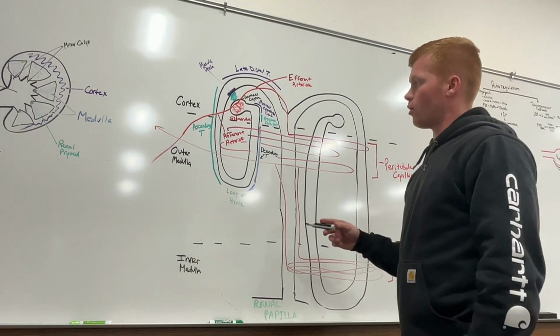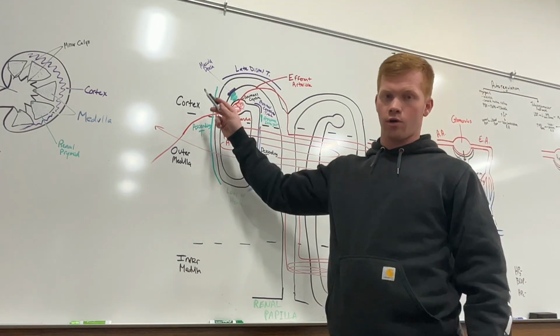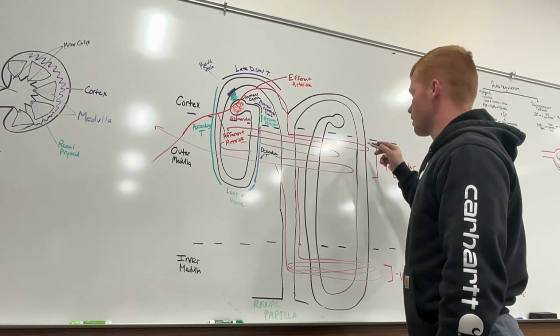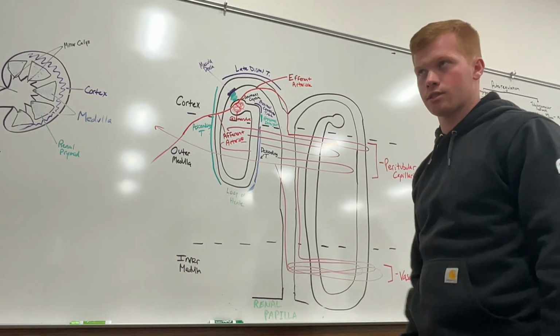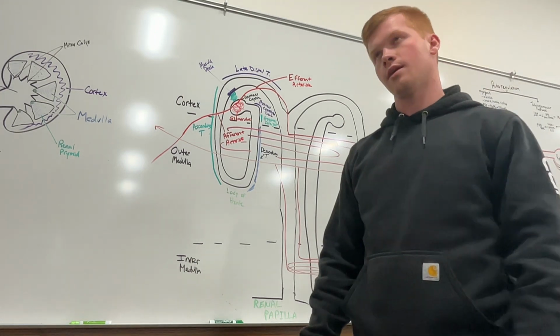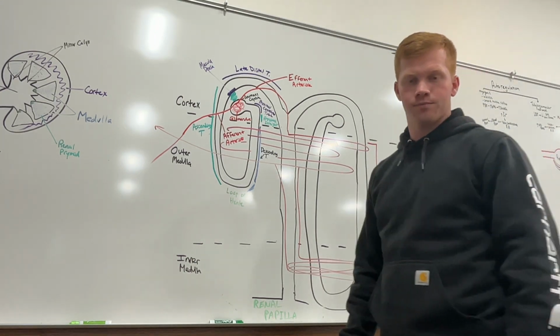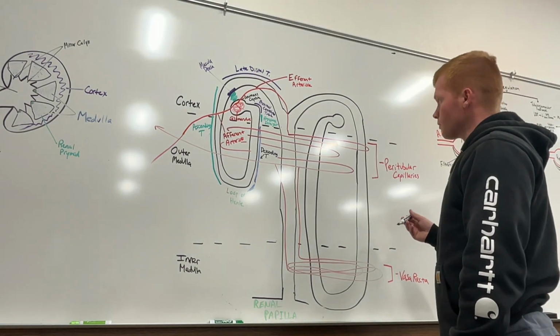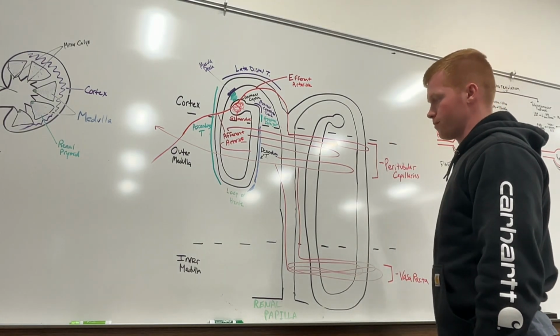One of them is called the cortical nephron, and one of them is called the juxtamedullary nephron, and that's this one over here. I didn't write it, but this is the juxtamedullary.